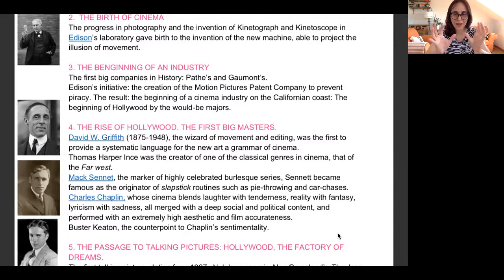So trying to make everything perfect in terms of filmmaking. Buster Keaton is another representative figure here of the silent movies, the counterpoint to Charles Chaplin's sentimentality, because Buster Keaton is a little bit different although it's the same genre kind of movie, he did it in another way. He's trying to differentiate himself from Charles Chaplin.